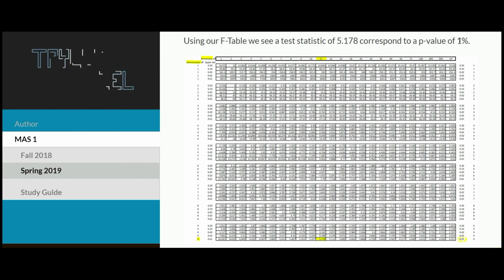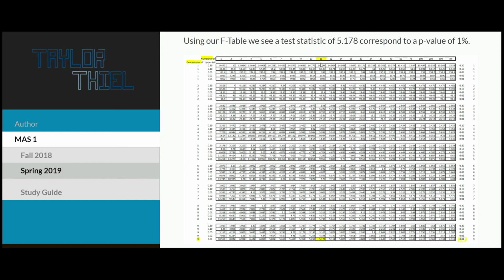So now we have everything we need in order to find our test statistic. So we know the number of degrees of freedom in the numerator is 11, right here. I apologize for the small font, and this is as far as I can zoom in. So you'll just have to take my word for it or look up your own F distribution table.